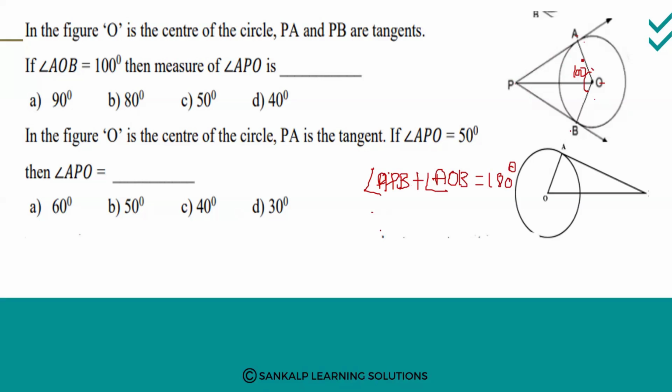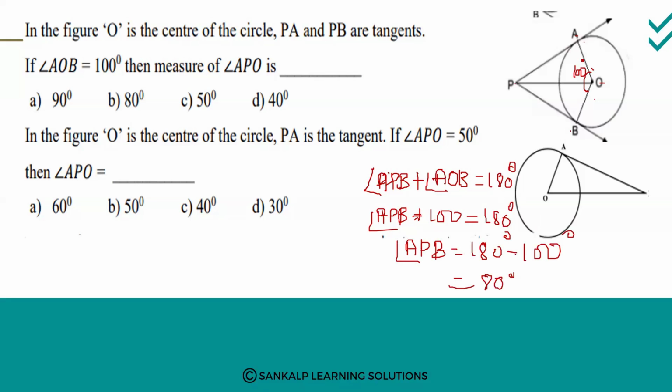Now, APB we don't know. APB plus 100 is equal to 180 degrees. So transferring this 100 to this side, angle APB is equal to 180 degrees minus 100 degrees, that is equal to 80 degrees. So 80 degrees is the value of APB. But what we want is APO. So if APB is 80 degrees, that means this is 40 degrees and this is 40 degrees. Yes or no? That means option D is right.